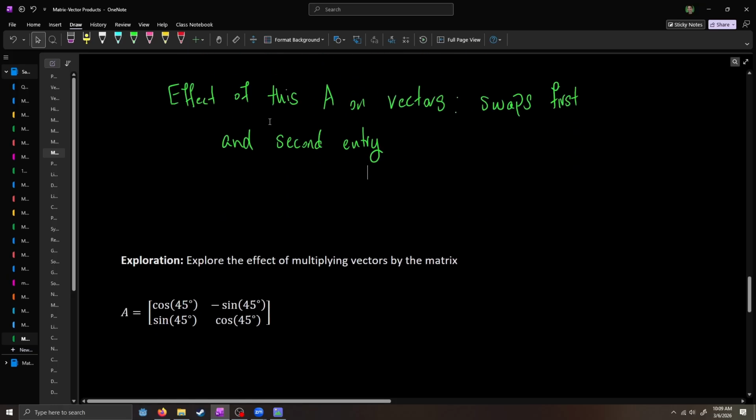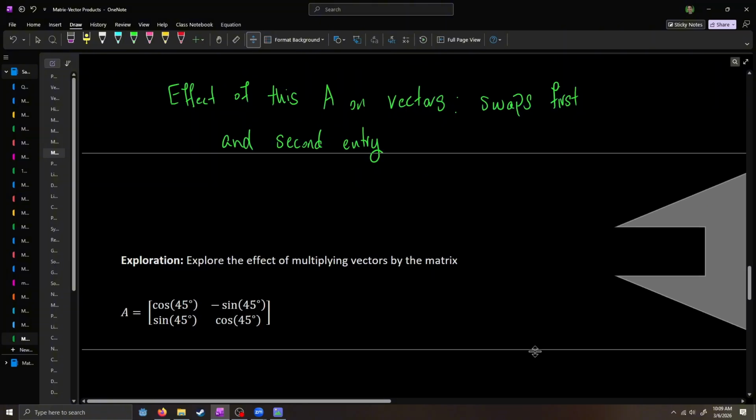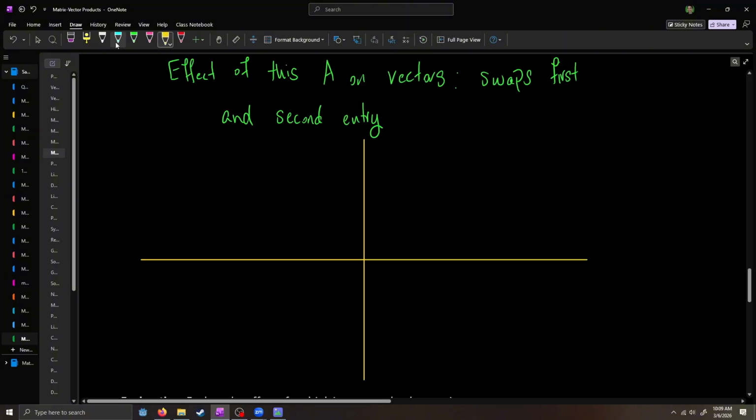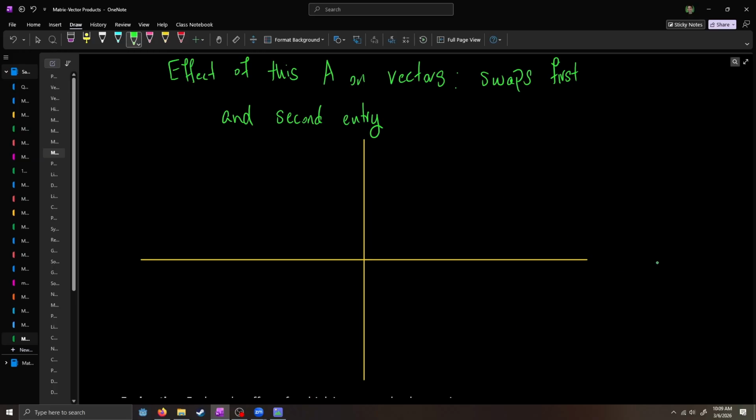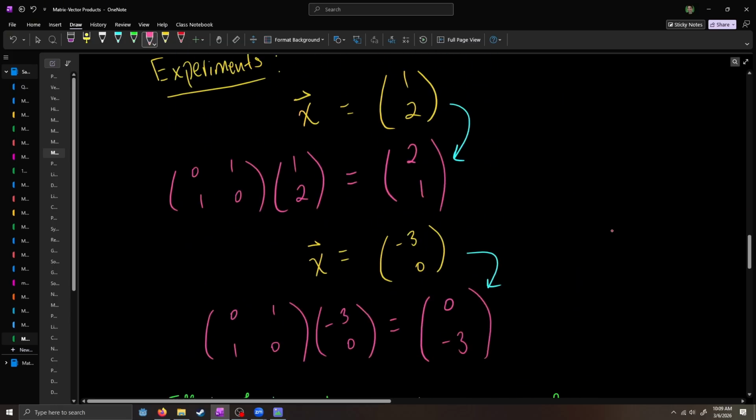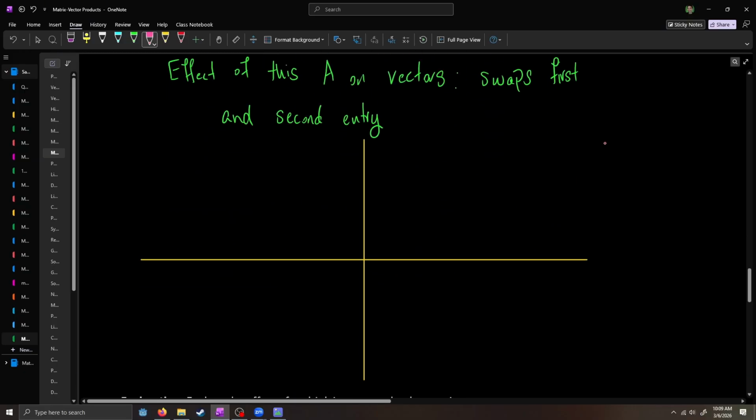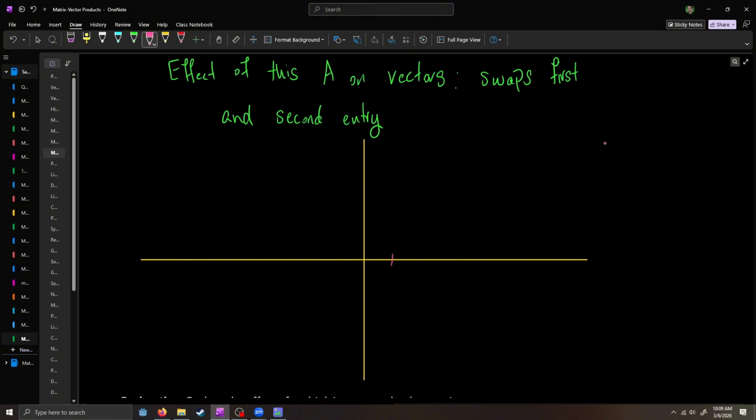We can also understand the effect of A graphically. Let me go ahead and draw for us a little xy plane here. And let me start by drawing our initial experimental vectors x. So here's our first experimental vector, x equals 1 comma 2. The initial experimental vector 1 comma 2 would be drawn like this.